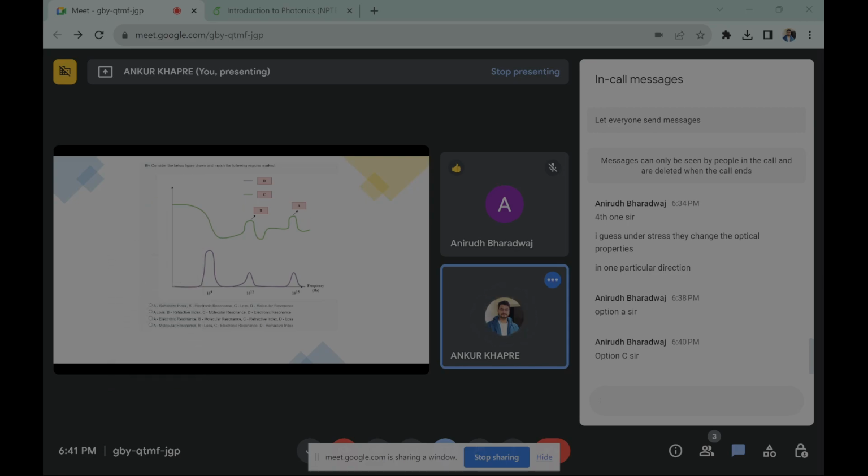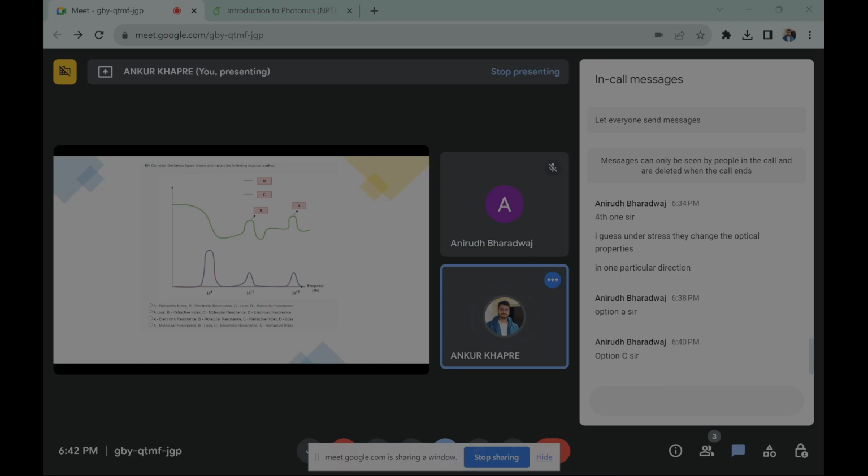And the two peaks show resonance, which are molecular and electronic resonance. So A is electronic resonance, and B is molecular resonance. Okay, let's hold on.